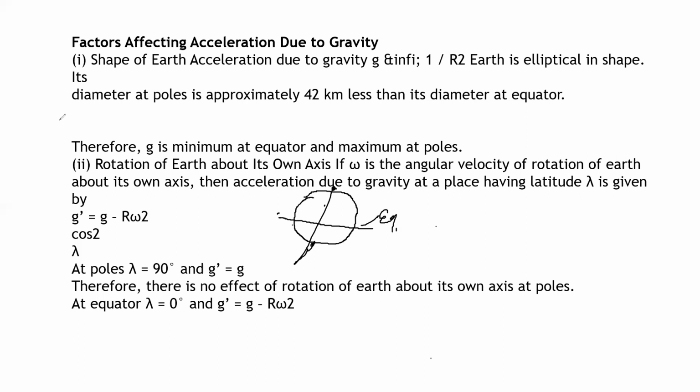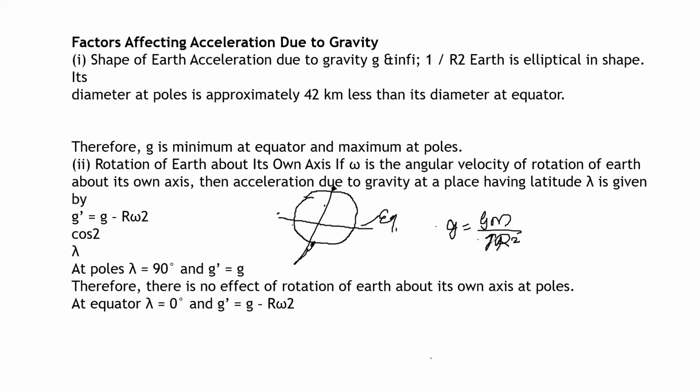Here I will explain this by the expression: g is equal to GM divided by R square. What I said is that the radius at the equator is more. The radius at the equator being more means this value will be more.